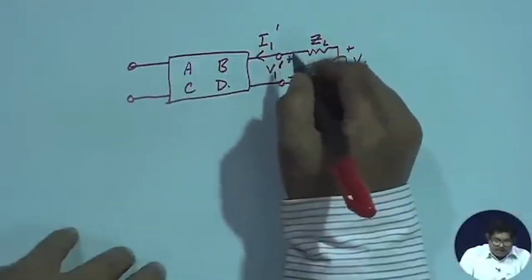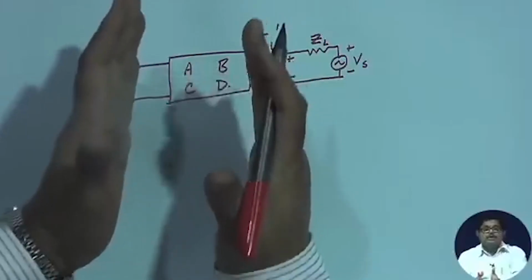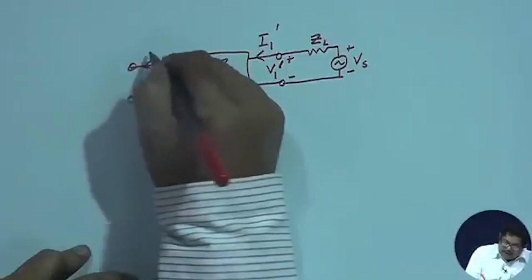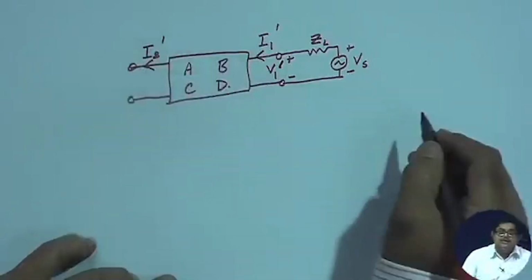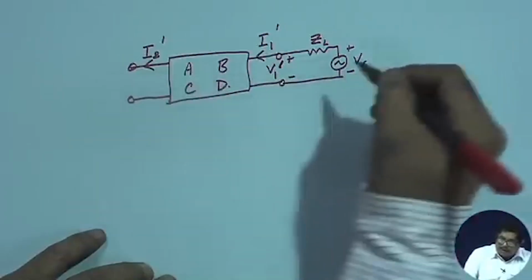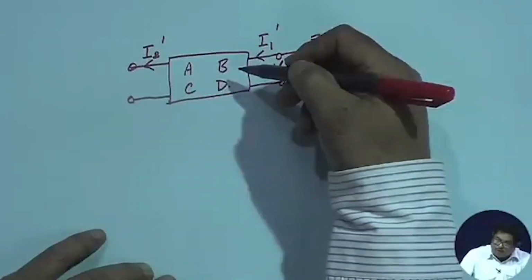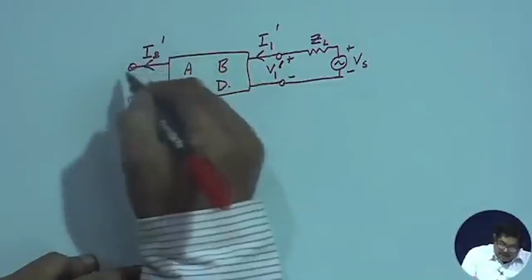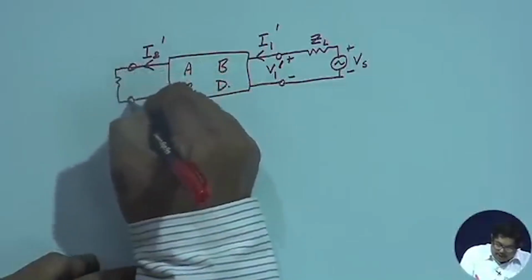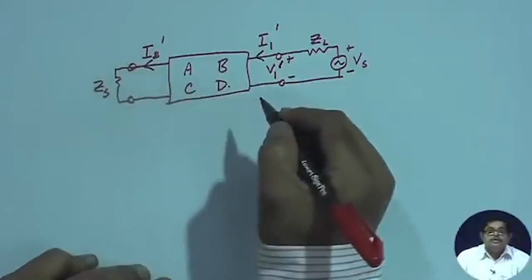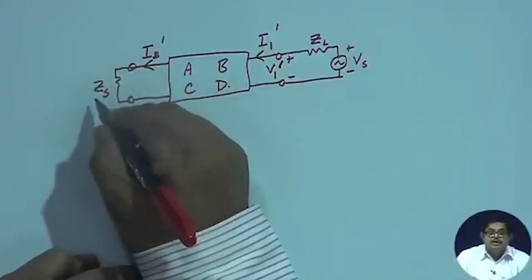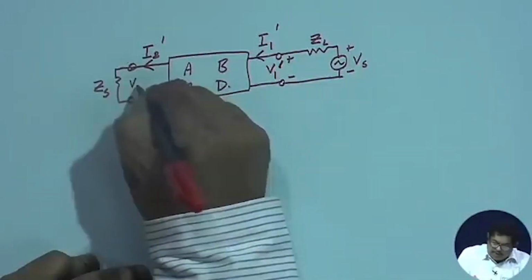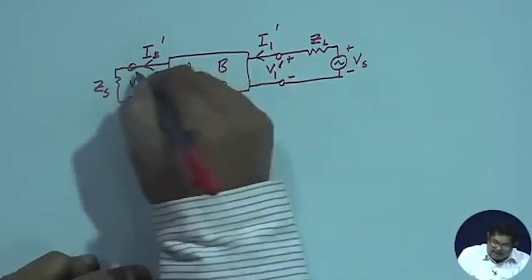ABCD is unchanged because I have not changed the network, but the outside conditions have changed. So, the current that comes out of it I will call I2 dashed. In transmission parameters, the current enters through the excitation port and leaves the response port. So, I2 dashed is like this, and then I have to keep that internal impedance. In the first case it should be the same here, otherwise the reciprocity won't hold. So, ZS is here and I will call this port voltage V2 dashed.